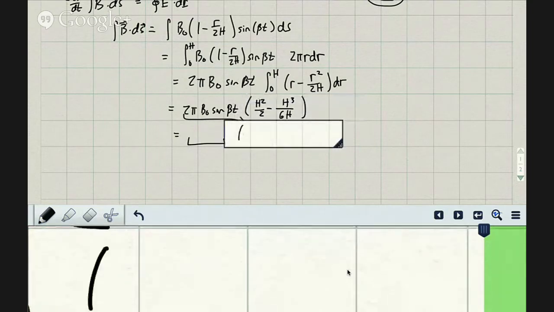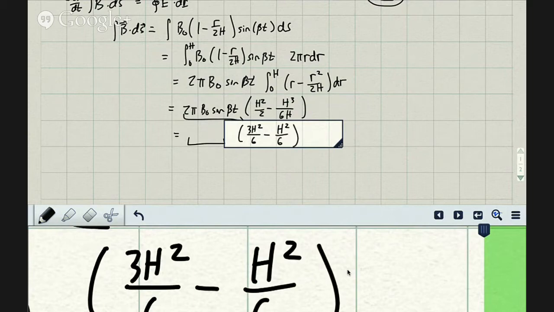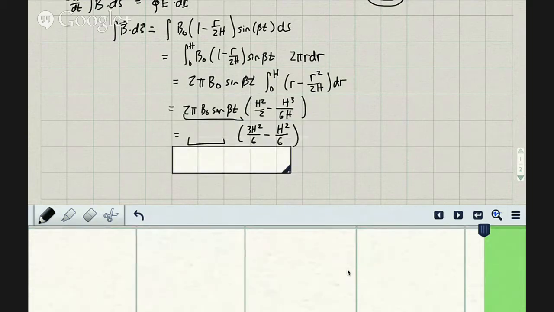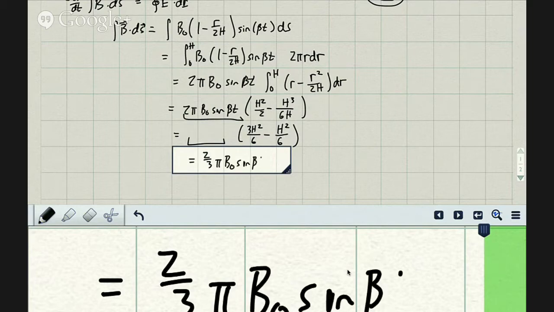That's 3h squared over 6 minus h squared over 6, which is equal to 2h squared over 6, or 1/3 h squared. And so we're going to get 2/3 pi B0 sine beta t h squared.